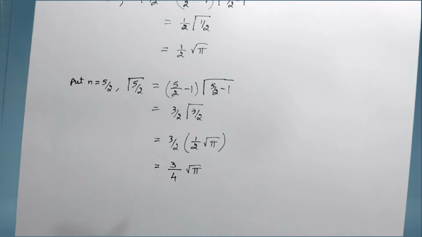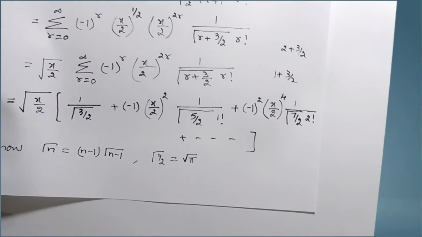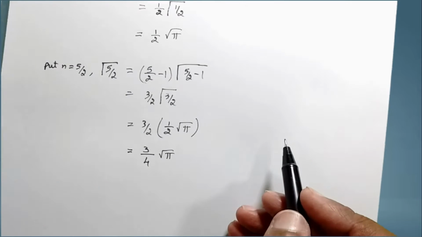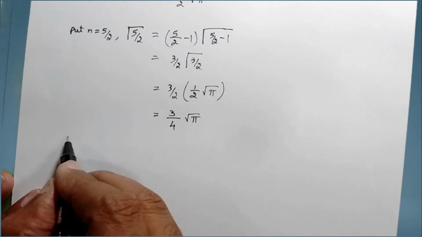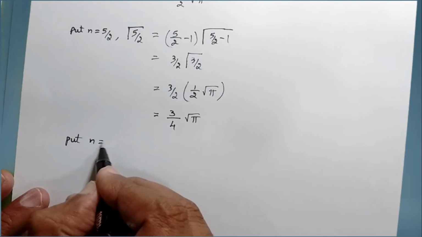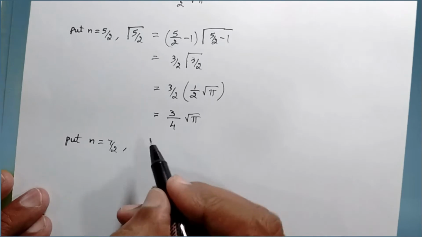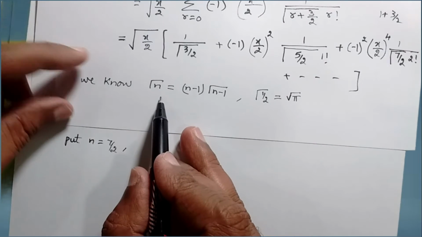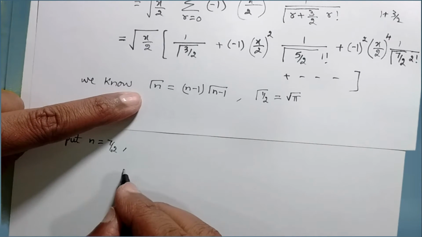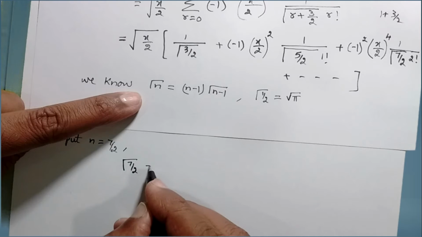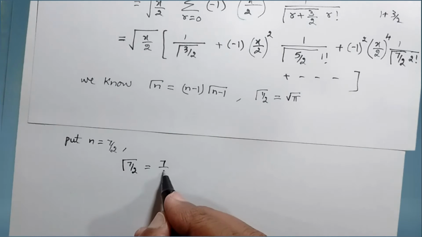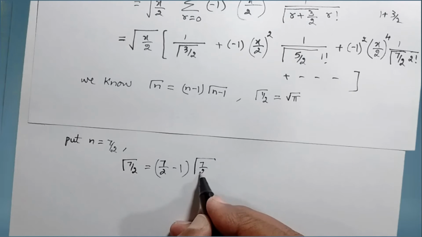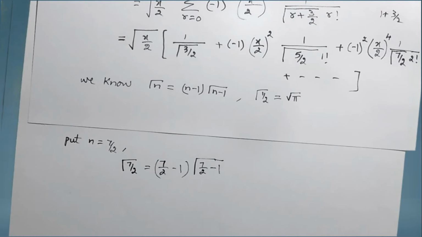One more term is there. If you go back to that expression, you have this gamma of 7 by 2. So this value should also be calculated. Once again, we'll put n equal to 7 by 2 in the same expression, gamma of n. So gamma of 7 by 2 is equal to 7 by 2 minus 1 into gamma of 7 by 2 minus 1.